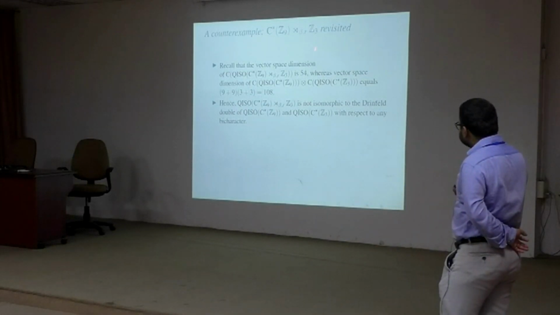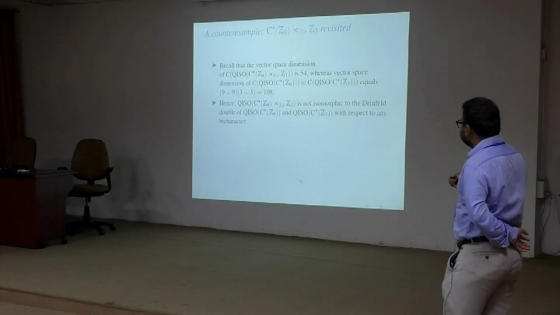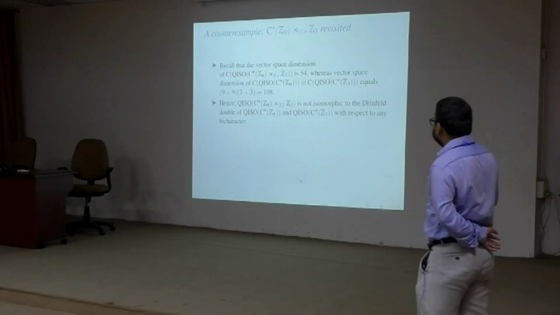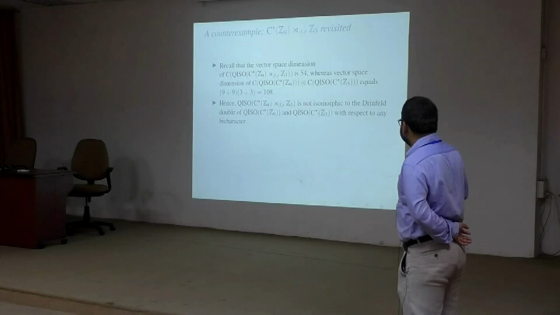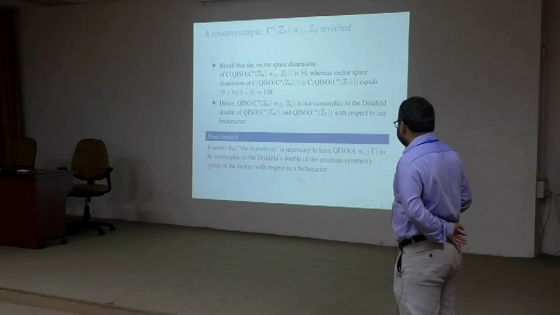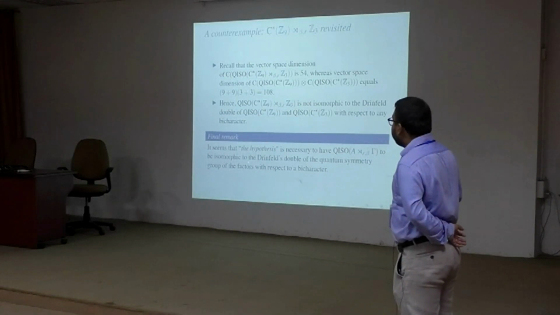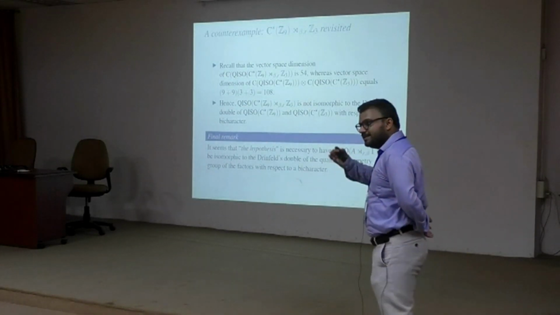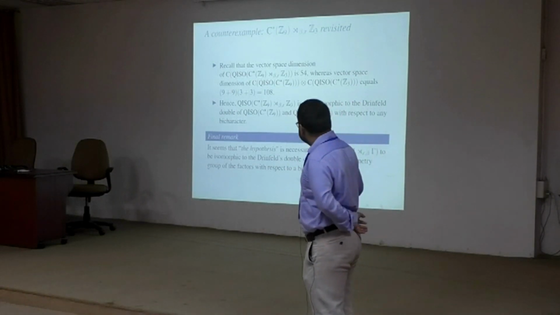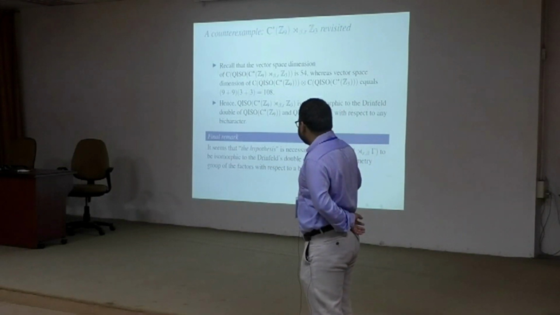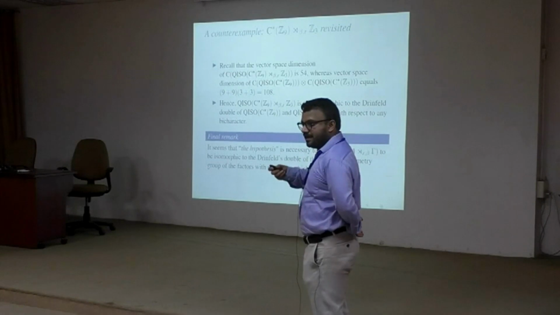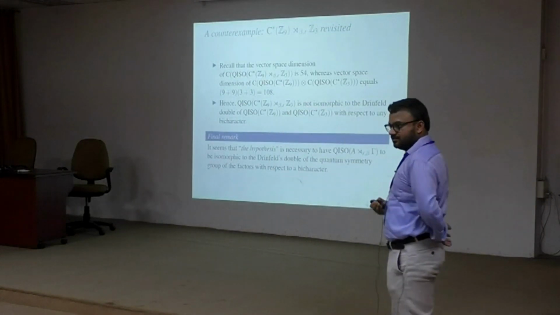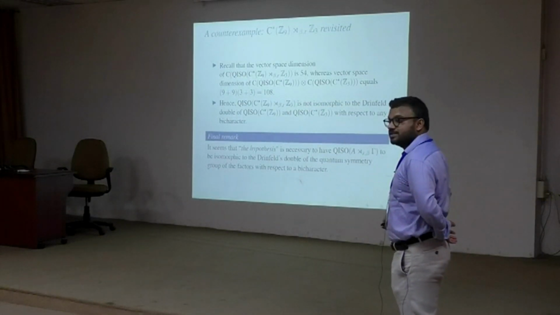So let's revisit the example which we discussed in the beginning, where the Q iso has dimension 54, whereas the tensor product dimension is 108. It turns out in this example the hypothesis is not met. So this beta, the action, does not come from a quantum group coaction as mentioned in the hypothesis.